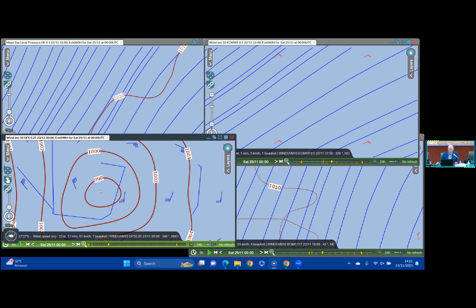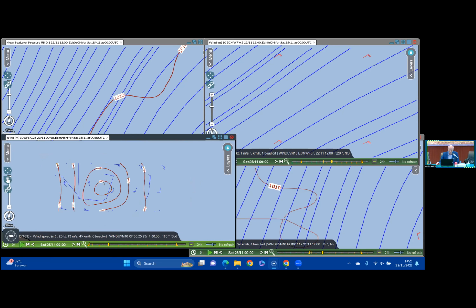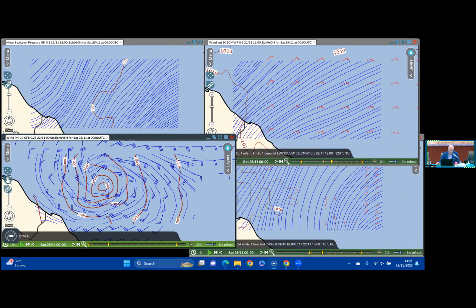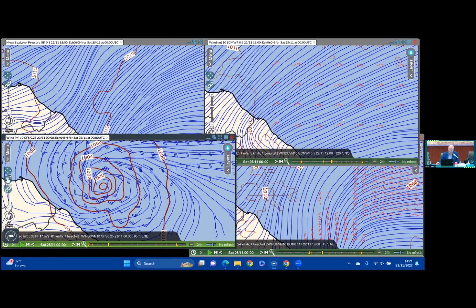So the first job of the forecaster is to decide if he trusts or not this kind of solution. Probably, according to the climatology and to the fact that the other models don't show that, the GFS is maybe isolated, we would say, compared to the other models. So the first thing for the forecaster would be to look back to the previous runs, and usually the other runs would not show the same or would not show as deep.